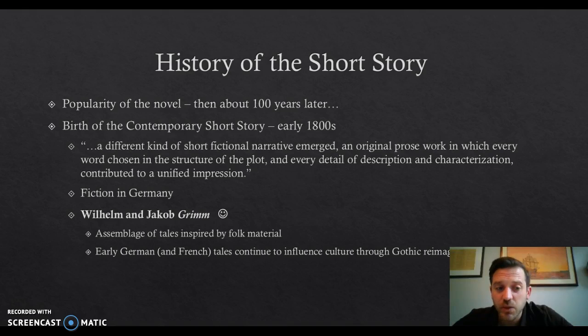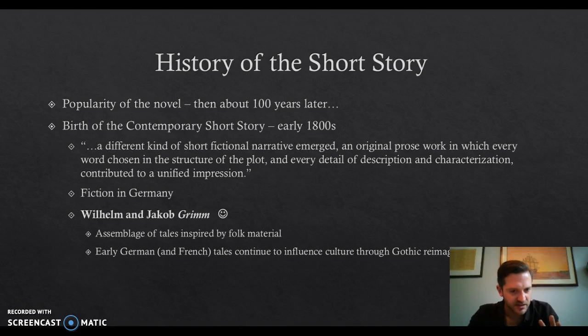So the Grimm brothers, Wilhelm and Jacob, they were linguists by trade. They studied how language actually works, the function and the mechanics of language and how it differs and evolves within cultures and over time, all of that.